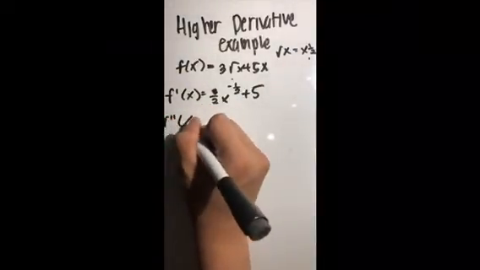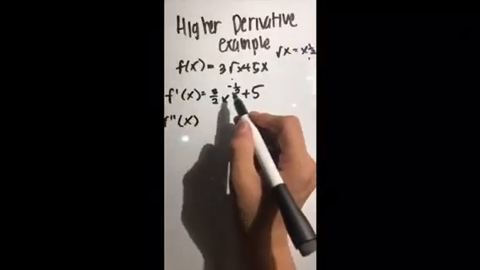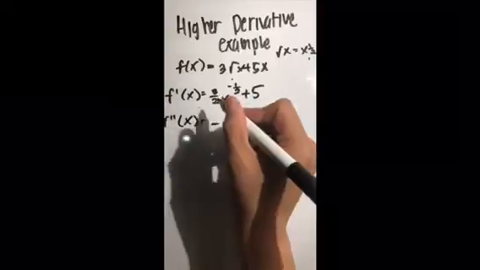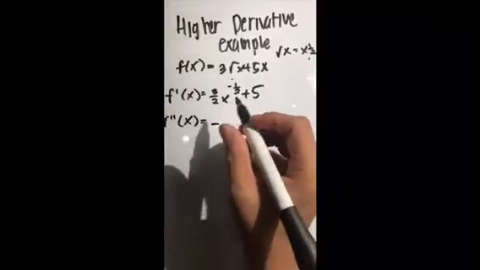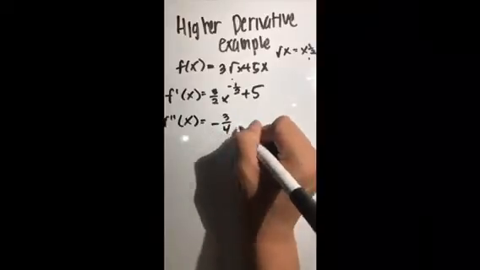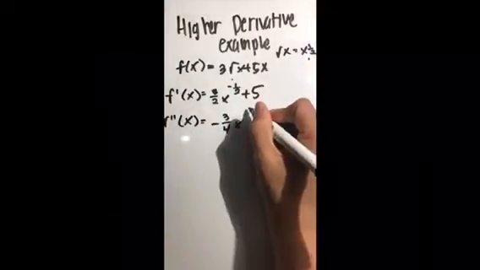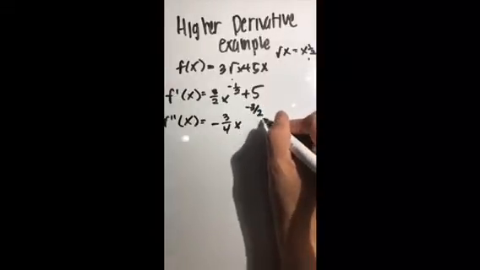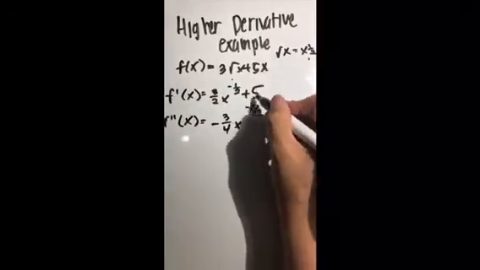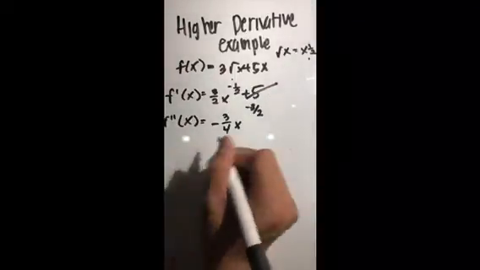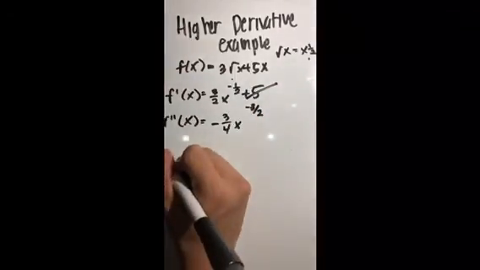So finding the second derivative, we multiply the negative 1/2, making it a negative, times the 3/2, and that becomes negative 3/4 x to the negative 3/2. And then the derivative of the 5 is zero by the constant rule, so it's no longer there. So we just end up with these two.